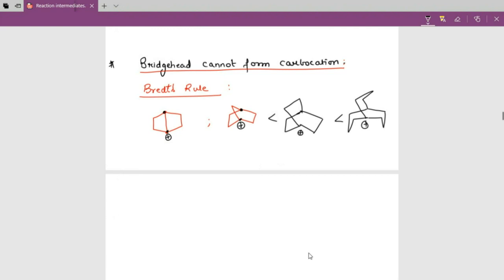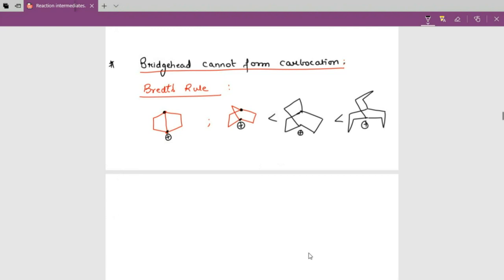But always remember that molecules in general would like to avoid plus charges. We'll always like to avoid plus charges at these junctions because it creates a very high strain in the molecule overall. If we keep such positive charges at these bridgeheads, then certainly the molecules are destabilized due to very high strain at these junction points.